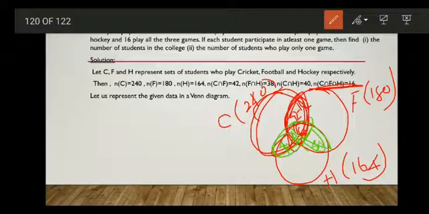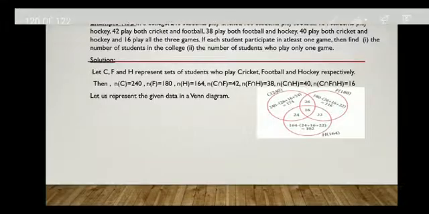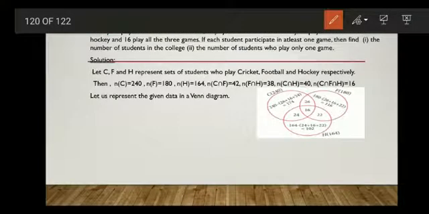The common portion is 16, the number of students who play all the games. This portion gives the number of students who play only two games, cricket and football. That will be 42 minus 16, that is 26.